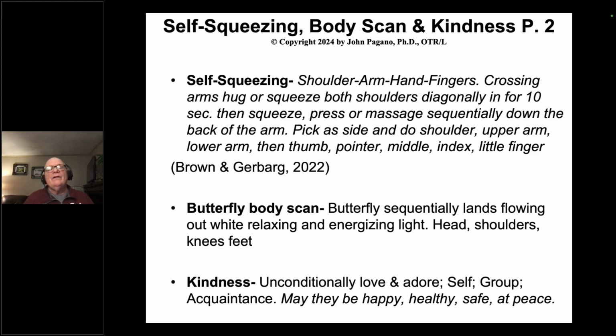The butterfly then takes his golden body and flies onto your right knee, and white light goes down your right calf, your ankle, big toe, second smallest toe, middle toe, second littlest toe, and littlest toe. He flies onto your left knee, and white light goes down into your left calf, your ankle, and all of your toes.